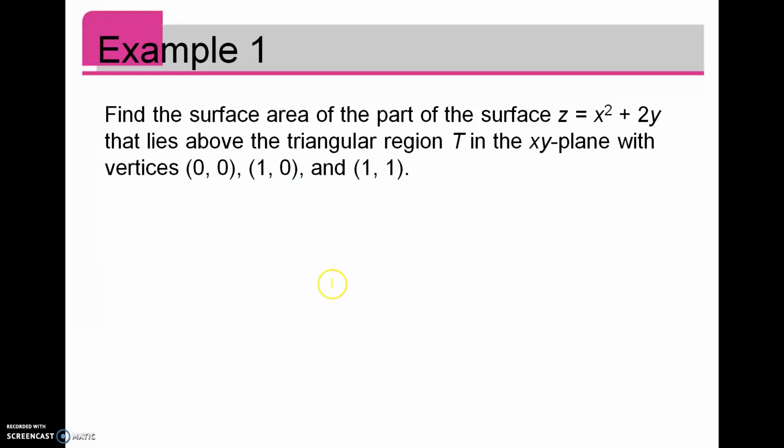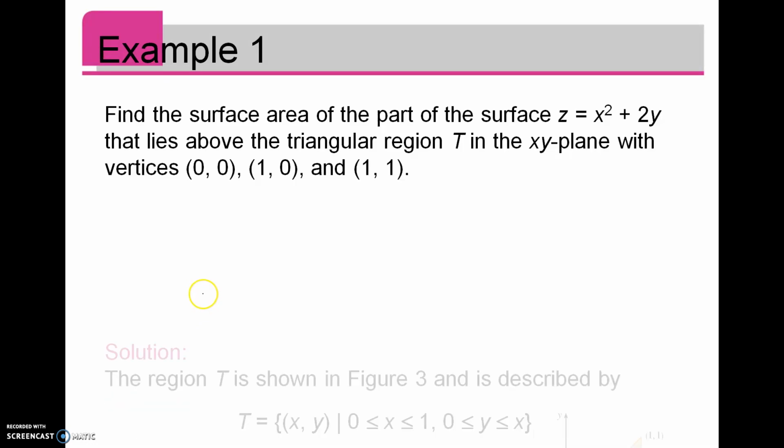So what I want to do is just go through the example we have here in the slides. It says find the surface area of the part of the surface z equals x squared plus 2y that lies above the triangular region T in the xy plane with vertices (0, 0), (1, 0), and (1, 1).